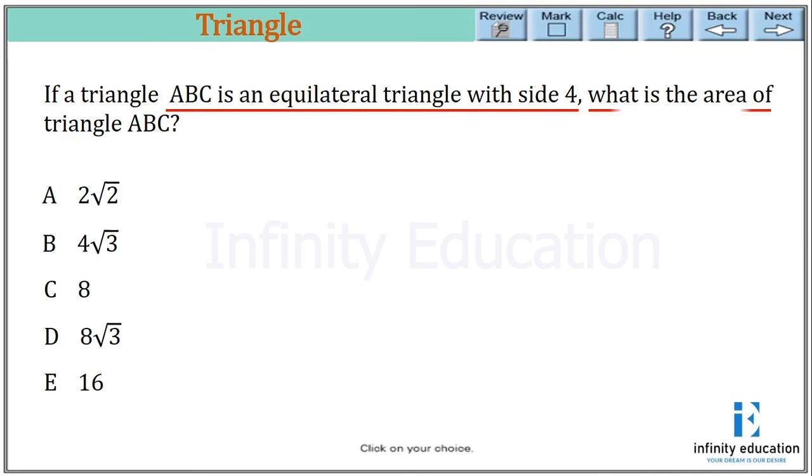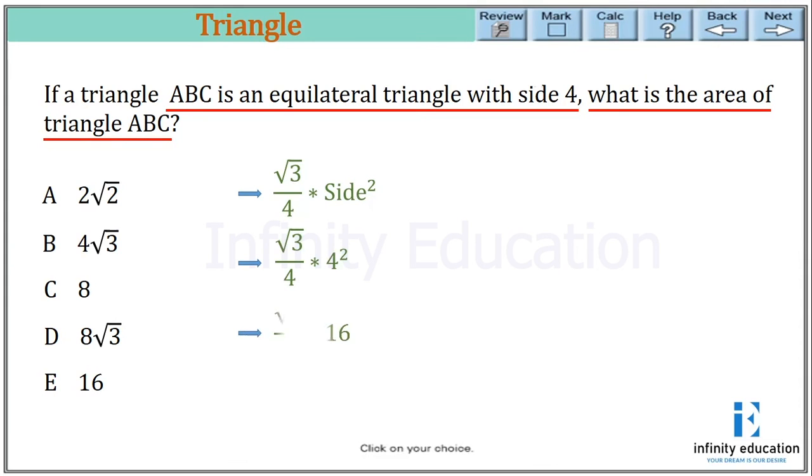Now the question is asking what is the area of triangle ABC? So to find out the area of triangle ABC, we need to know the formula, that is half into base into height. But here we know another formula for equilateral triangle, that area should be root 3 by 4 into side square. So as we know side equals to 4, we can rewrite this equation as root 3 by 4 into 4 square.